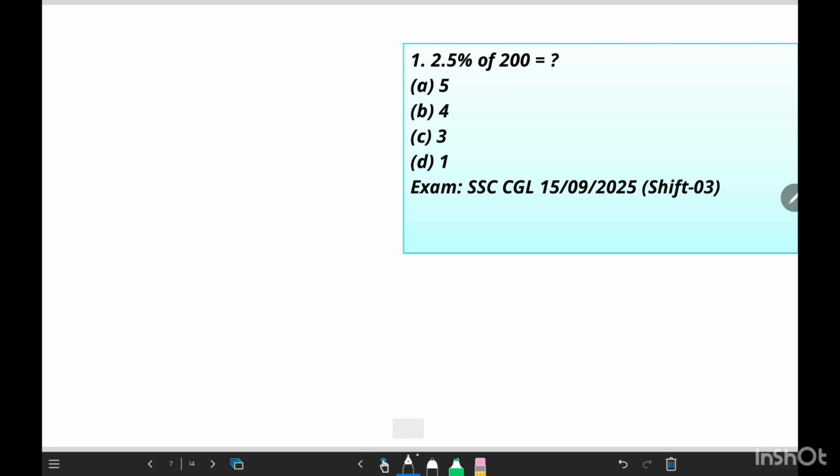You can write this as 200 and the percent is there. So the meaning of this sign is that we can remove this percent and put 100 at the bottom of that number.